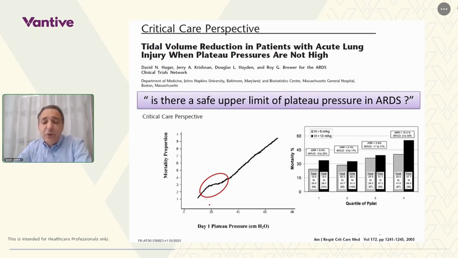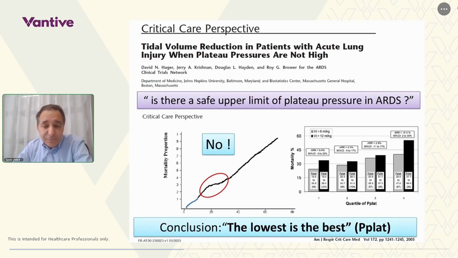This slide should be read from right to left, and as you can see, the more you decrease the plateau pressure, the more you decrease the mortality. And if you go to the end of this story, no mechanical ventilation, you have zero mortality. This is the concept of extracorporeal lung support in this case. So the lower the plateau pressure, the lower the mortality.